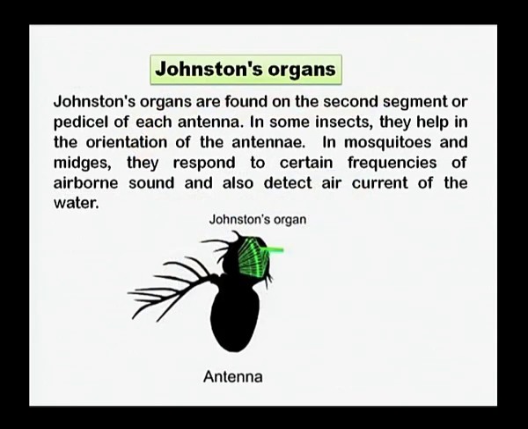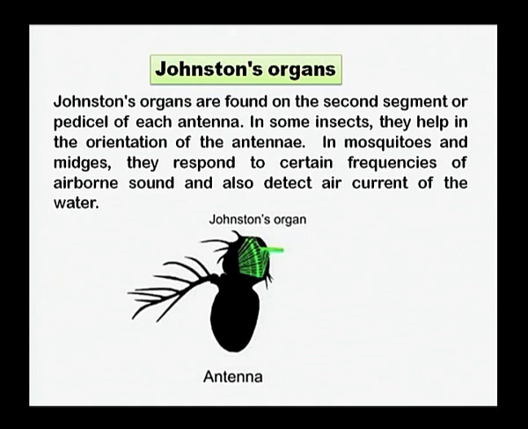Now, there is a special organ which is known as Johnston's organ. This Johnston's organ is located on the second segment of the antenna, or the pedicel of each antenna, and this organ helps in the orientation of the antennae.